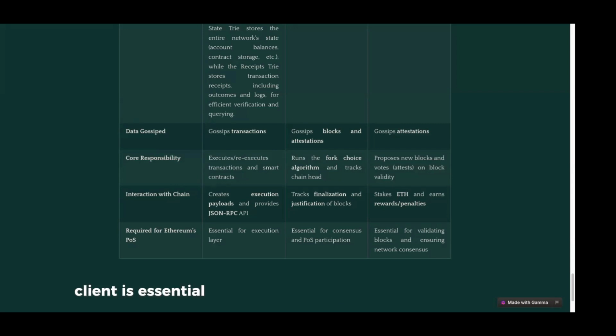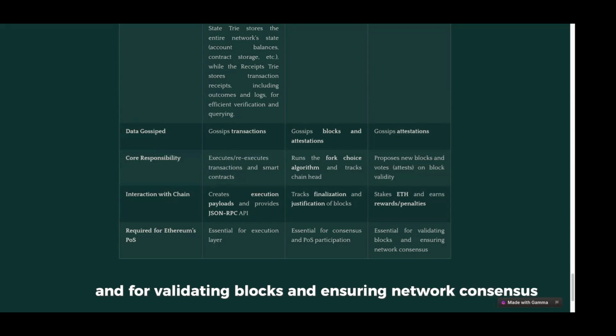The consensus client is essential for consensus and proof of stake participation, while the validator client is essential for validating blocks and ensuring network consensus.